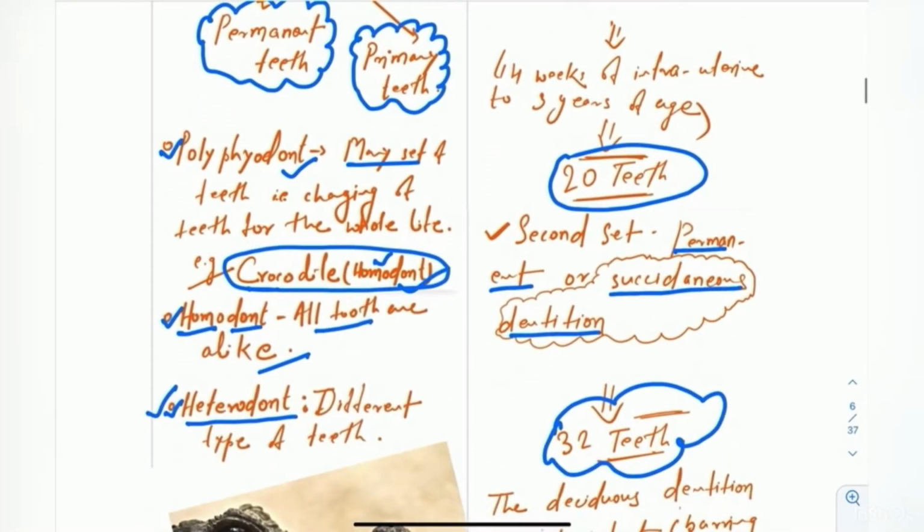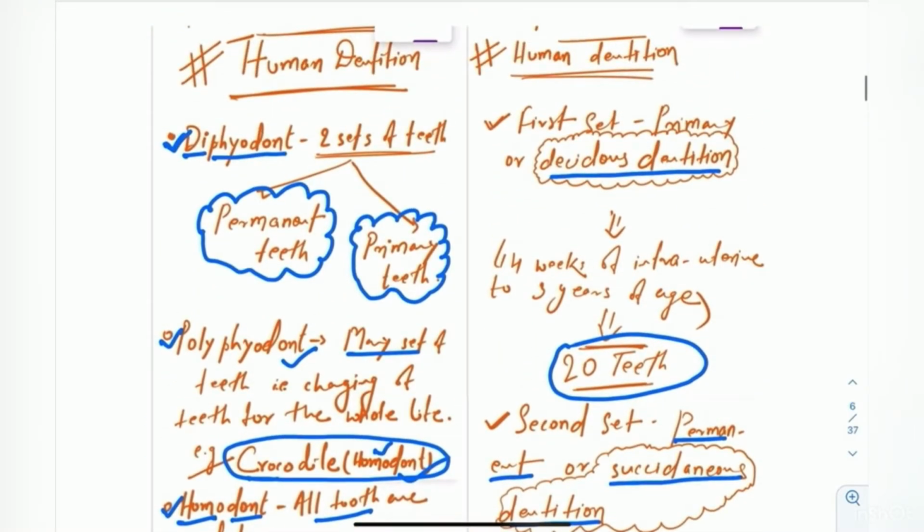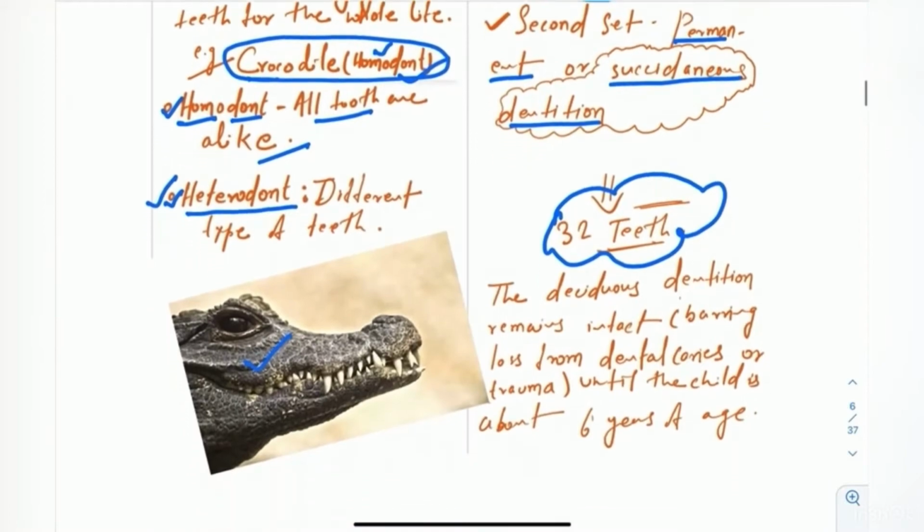Succedaneous means these teeth are succeeding the first set. After the first set, the permanent set appears, so we call it succedaneous. And the first set, the primary set, is also called milk teeth, which fall off.